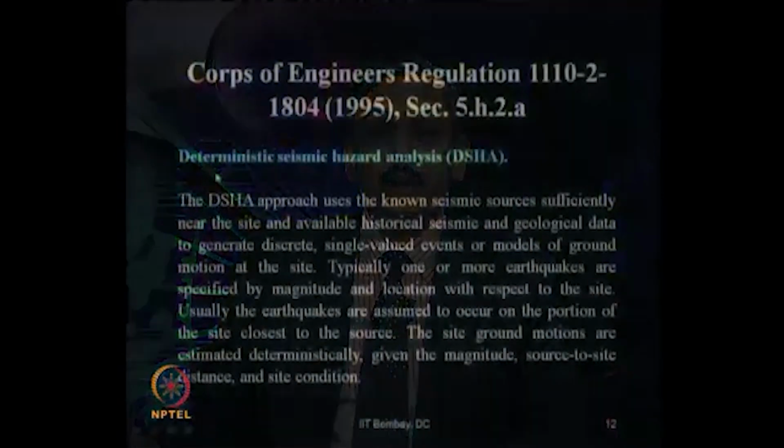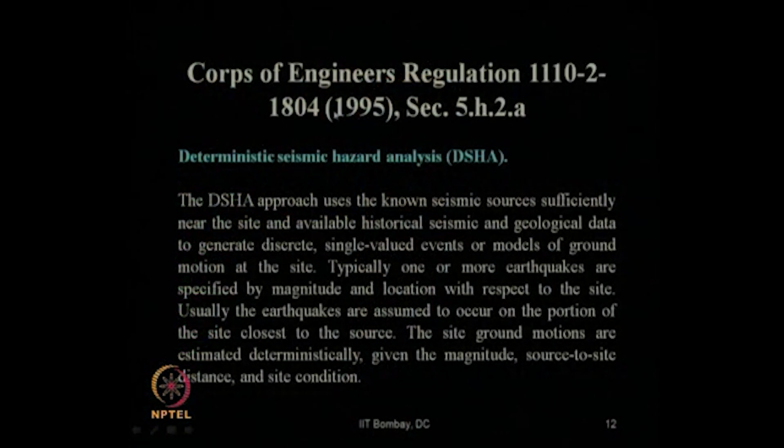Now, let us see what guidelines are proposed by this Corps of Engineers Regulation of USA, through this clause number and section number of their manual, which is the 1995 version, for deterministic seismic hazard analysis or DSHA.